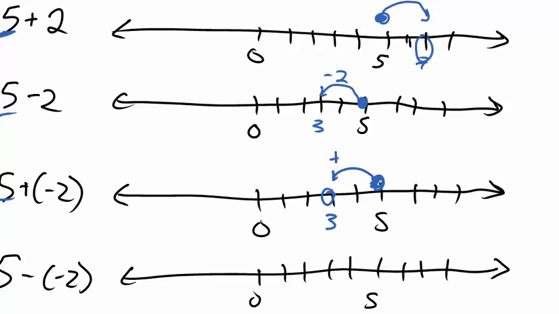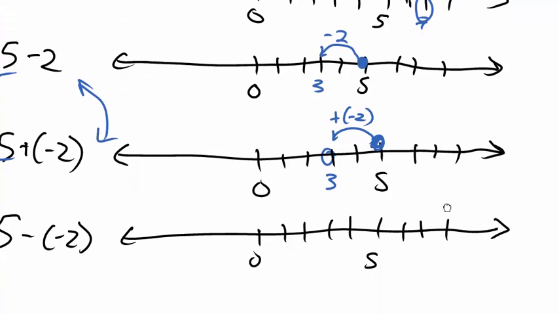So adding a negative 2 moved me left 2 units, not right 2 units like I thought. But notice that looks a whole lot like the subtraction problem that I just did before. So adding a negative is just like subtracting.